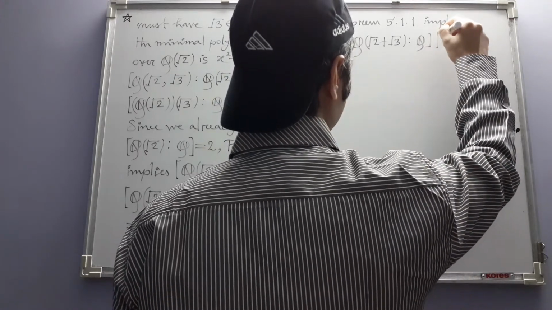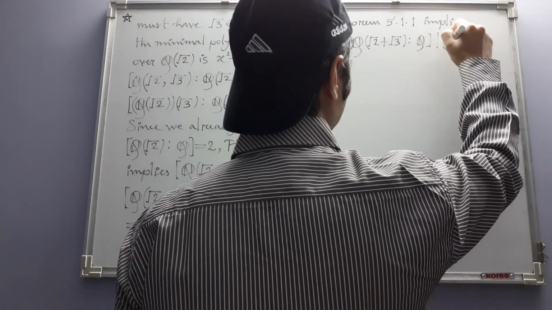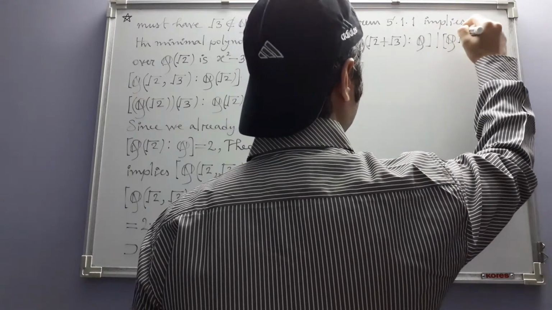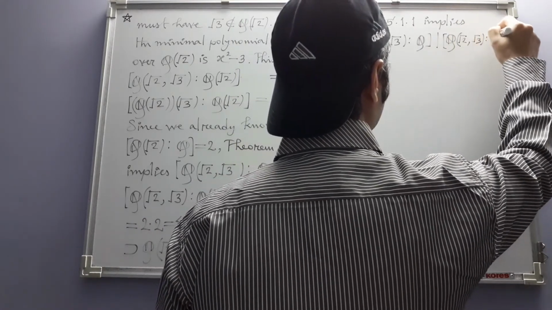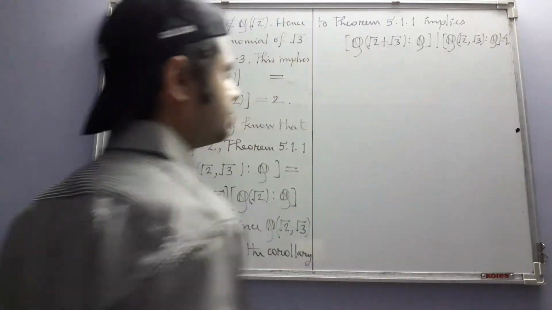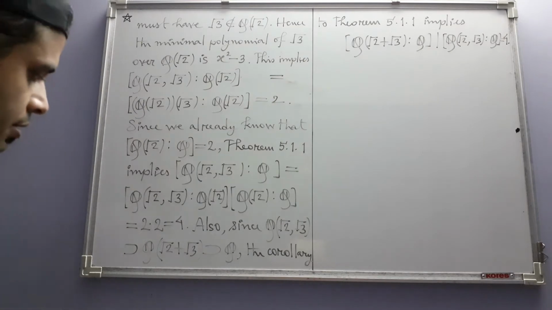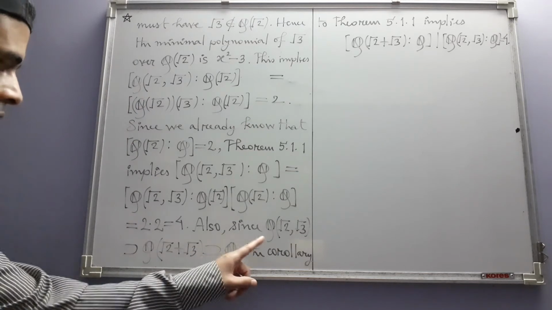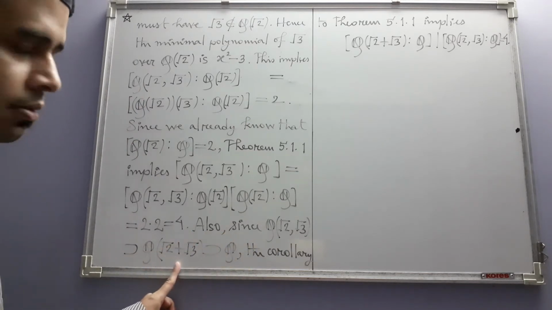I think it will be better to mention what that 4 is. Which is equal to 4. Okay. In this line, how are we getting the first inclusion?